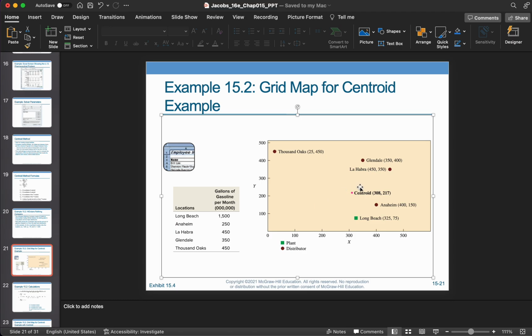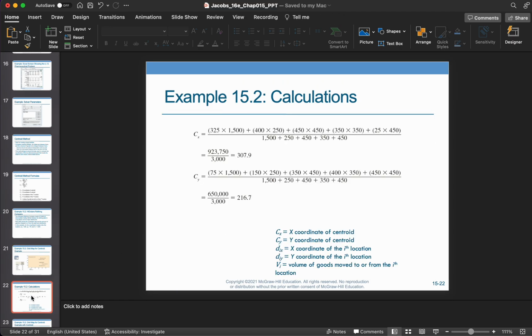Given this, where should the central location be? It will depend upon the x and y coordinates, and also the number of units you're transporting in and out.